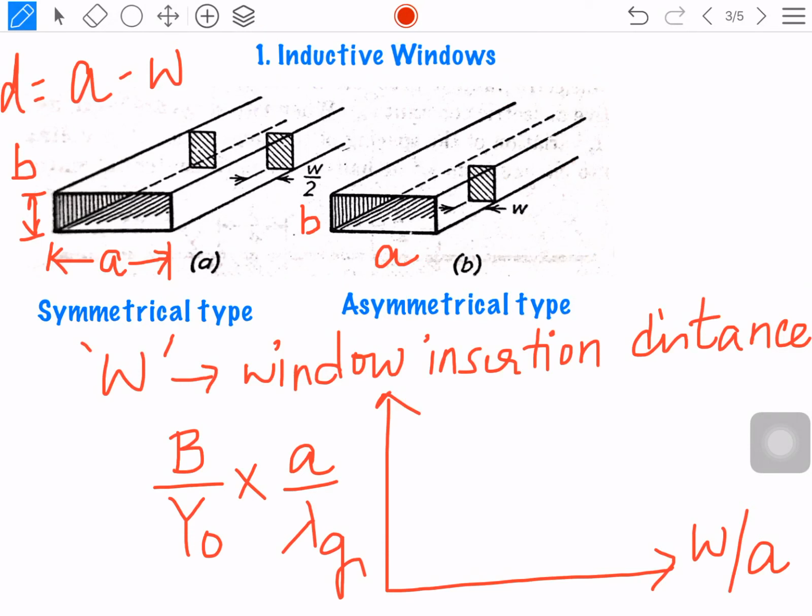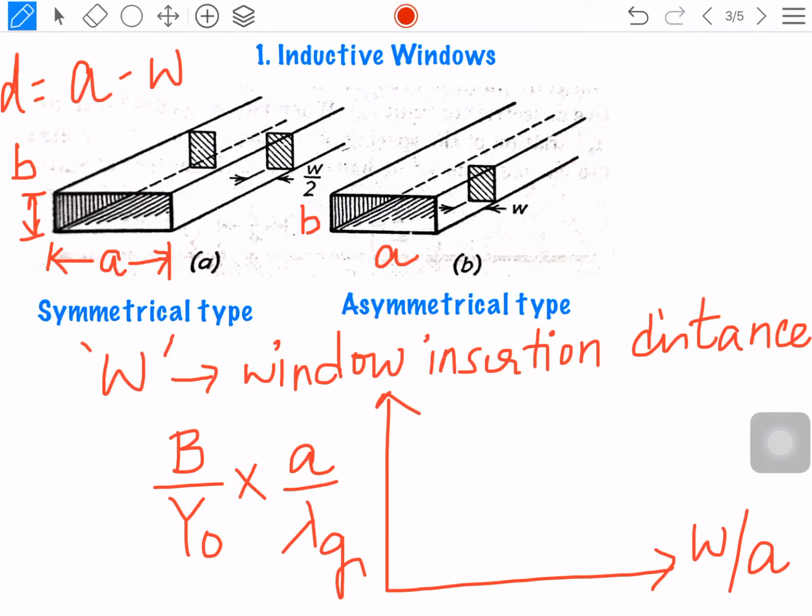A is the waveguide breadth, lambda G is the waveguide wavelength, W is the window insertion distance, and A is once again the breadth of the waveguide.